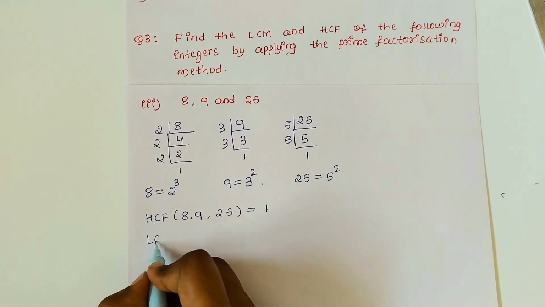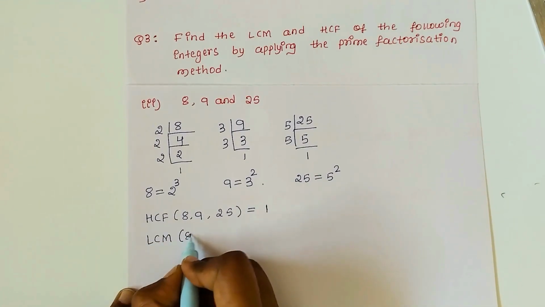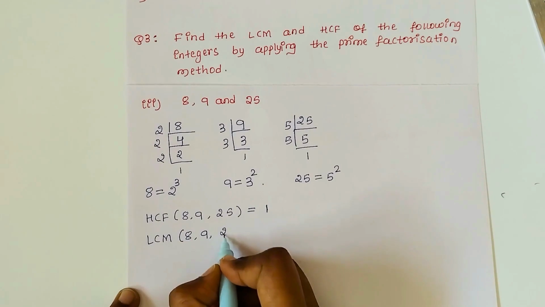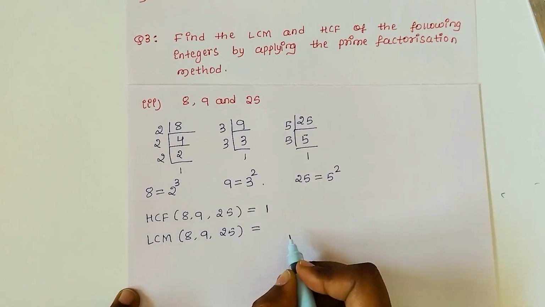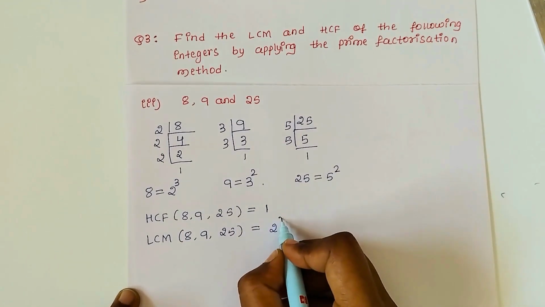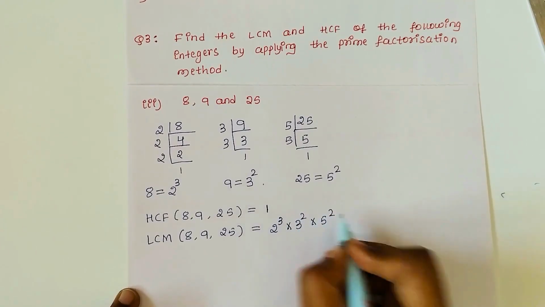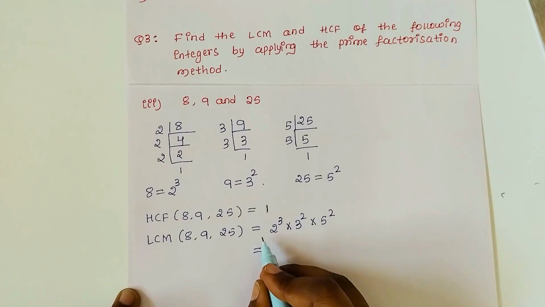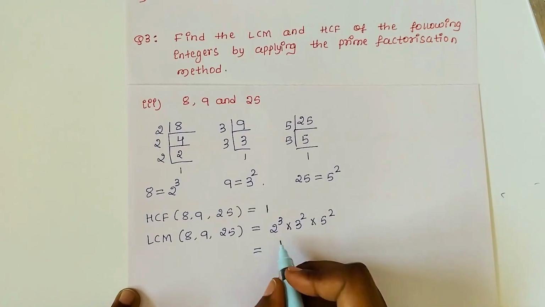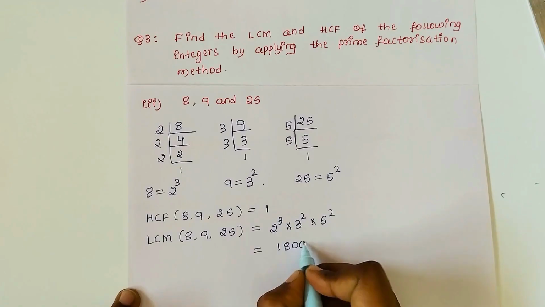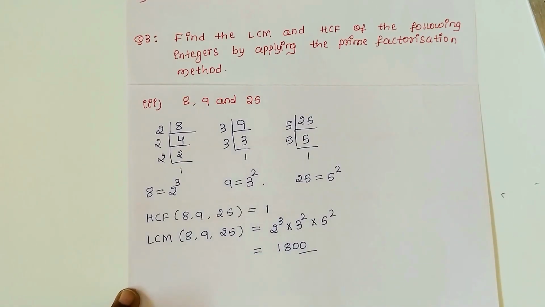Now, what about the LCM? LCM of 8, 9, 25 is the product of all the prime factors involved in it. Okay, if I multiply all these things, I'll get 1800 as the LCM of these three numbers.